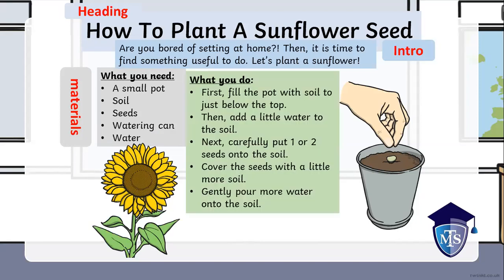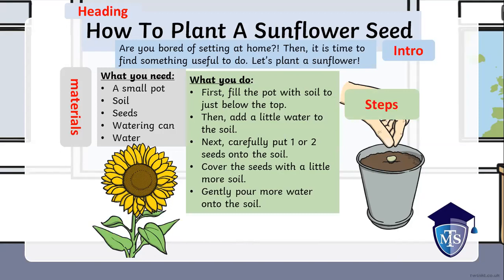After that, the body, the second paragraph in the body, is what to do: instructions, steps, how we do it. We write in bullets or in numbers, and we use time conjunctions like first, next, and we use adverbs like gently, carefully, and we add specific details to make the instructions clear, like put 1 or 2 seeds into the soil.